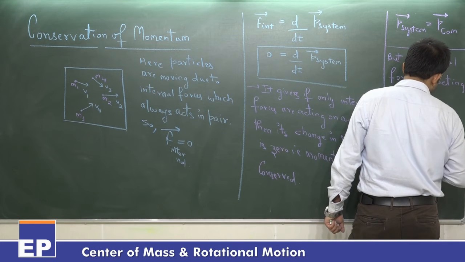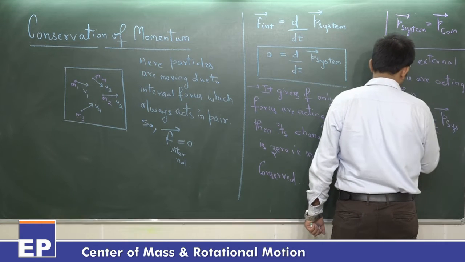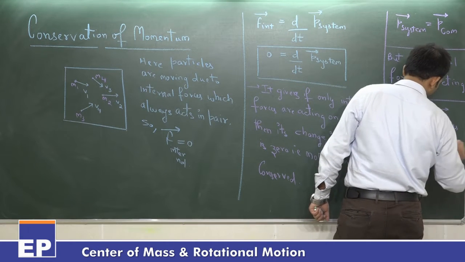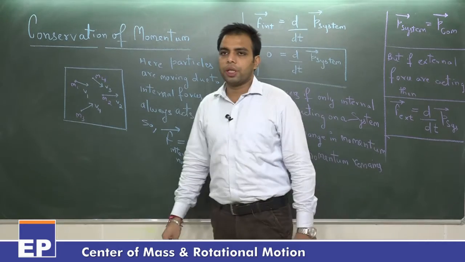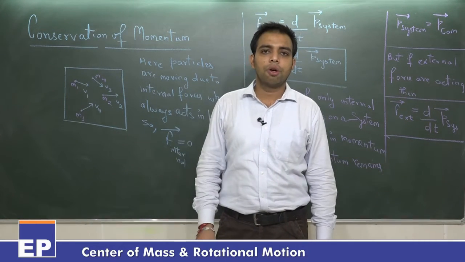External force is d by dt of momentum of system. Right? Or you can say it is a change in momentum of the system, or you can say it is for the center of mass.